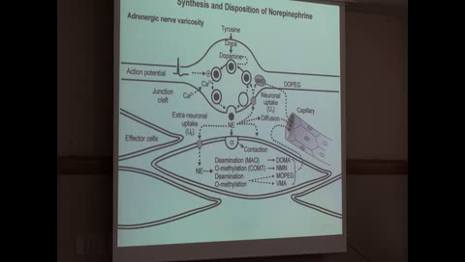So the noradrenaline, once it is released, once it has activated the receptors, has to be removed. And this is what we call the disposition of noradrenaline, the disposition of norepinephrine. And what are the possibilities? Well, there basically are three major pathways.